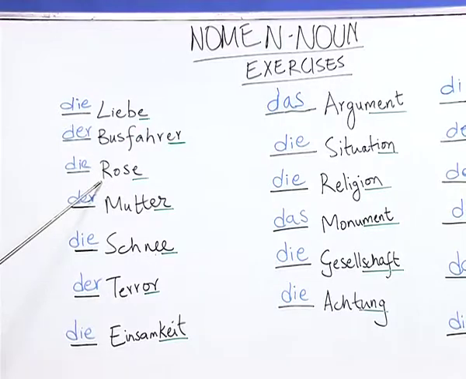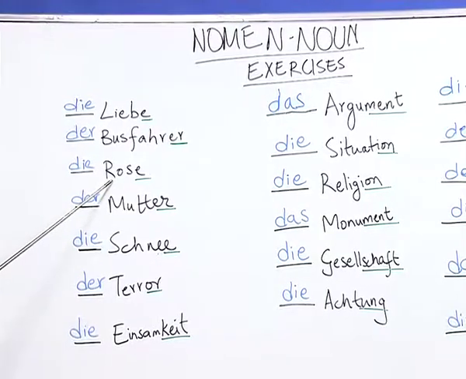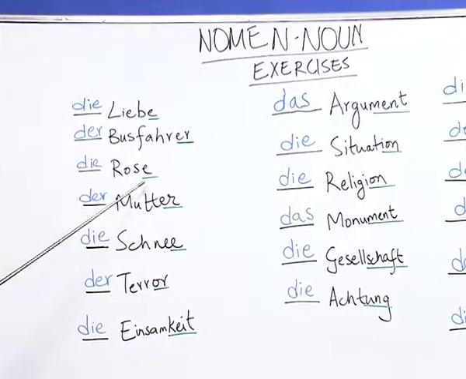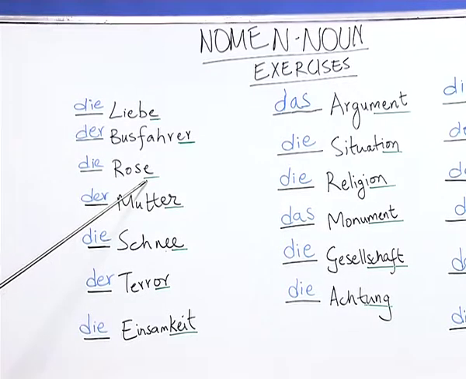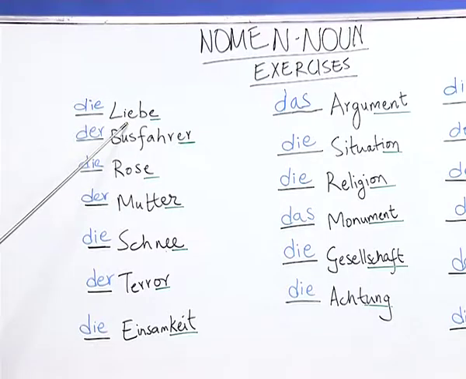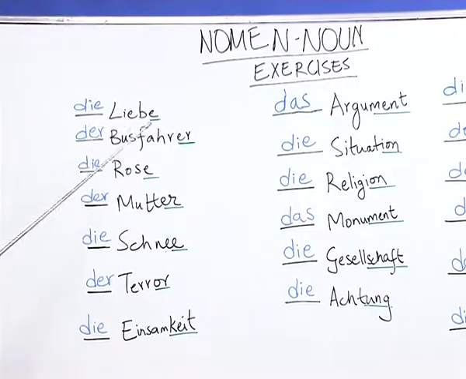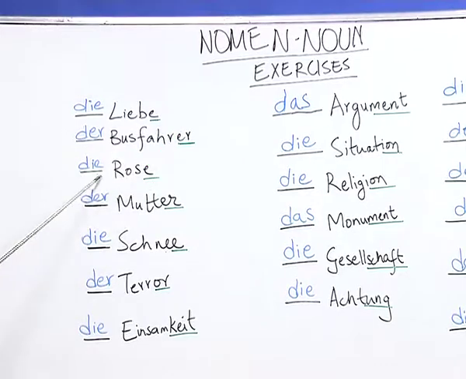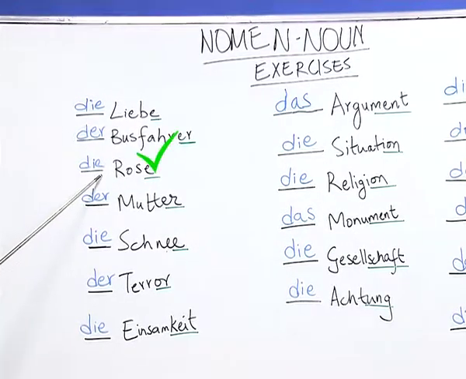Here let us look at this word, die Rose, which means the rose. Here, as you can see, it is the ending -e, just like the noun Liebe, so the answer here is also correct with the article die.